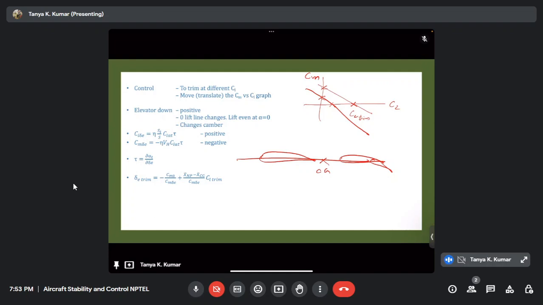What does it do in terms of the aerodynamic forces, lift generation, aerodynamic moments, pitching moment, anything? What does it do if I deflect the elevator down? If I deflect some surface on an aerodynamic surface, if I deflect it down, does the camber change?